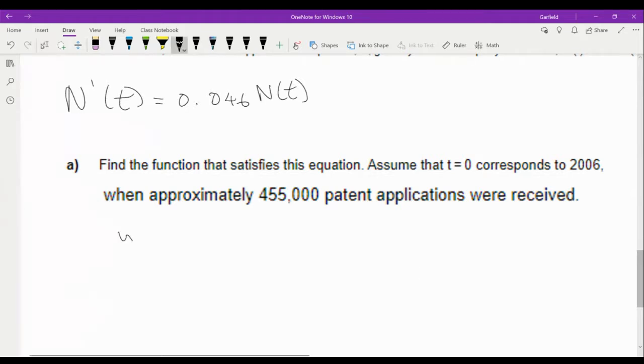Once again, it's y is equal to, in this case, this is y or N of t, which is a function of patents, is equal to c e to the kt.